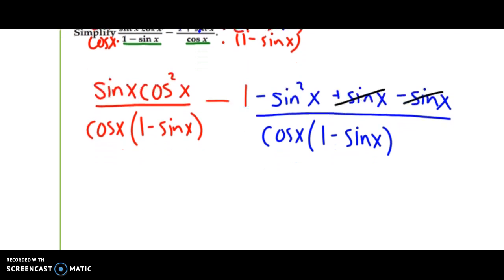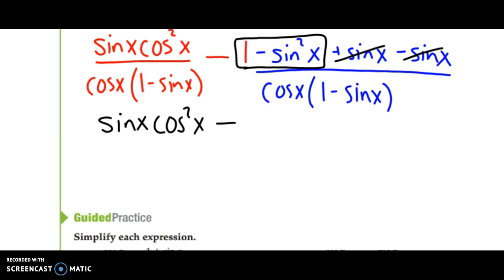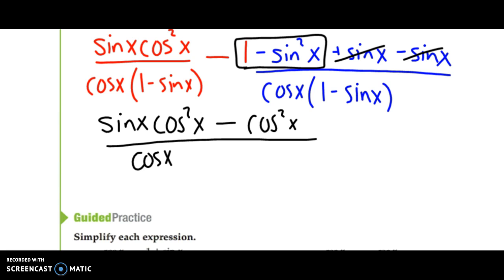And so I can rewrite this whole thing as sine x cosine squared x minus, well, 1 minus sine squared x is the same as cosine squared x. And all of that is going to be over cosine x times 1 minus sine x.